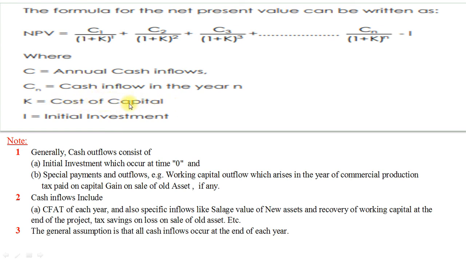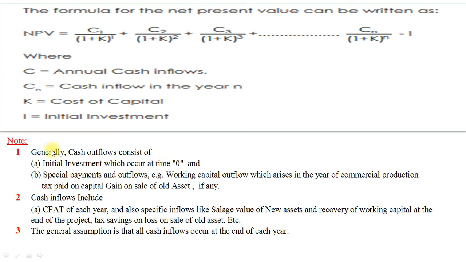K is nothing but the cost of capital for the firm. We can say it is the desirable rate of return. And I is equal to the initial investment in the project.